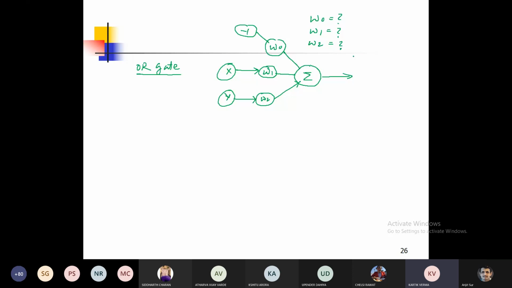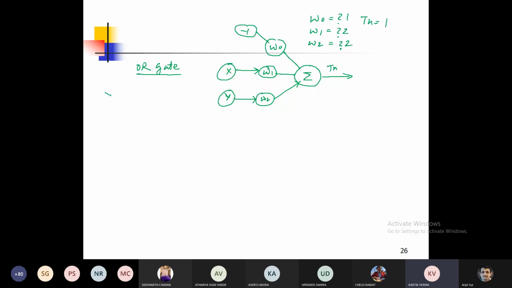And what is the threshold? Here is the threshold. Sir, 1, 2, 2. 1, 2, 2 means what? This is W0. Yes, sir. 1, this, then 2. Okay. And what is the threshold? 1.